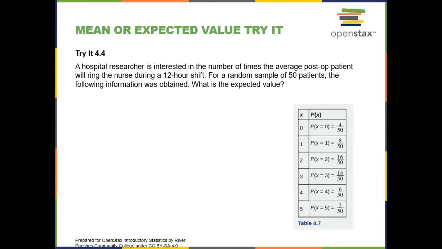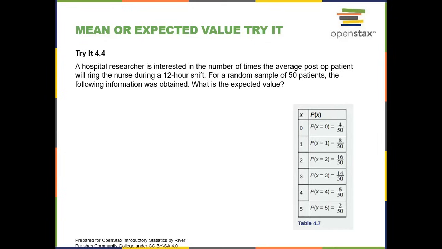So here is a list of x values and the corresponding probabilities. You multiply each x value with its corresponding probability and add the products together. For example, for the first row, x value is 0, probability is 4 out of 50. 0 multiplied by 4 out of 50 is equal to 0.